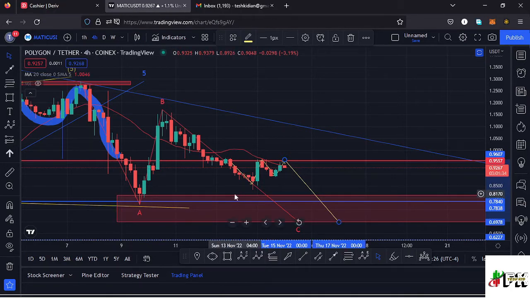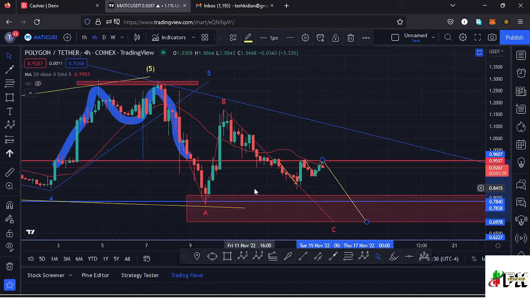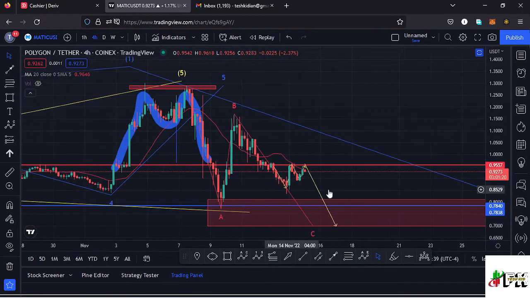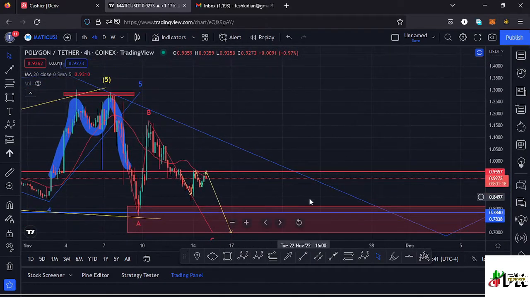So that is my first expectation that I'm expecting to play out here on the Polygon Matic chart. Lower prices are coming our way so that we can fully maximize the formation of that higher Elliott wave count 2, then expect an impulsive movement to the upper side in the formation of a higher Elliott wave count 3.